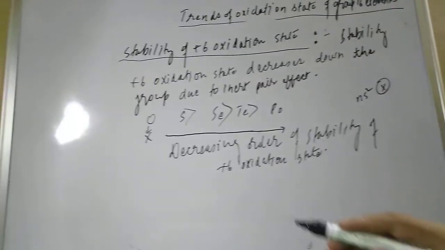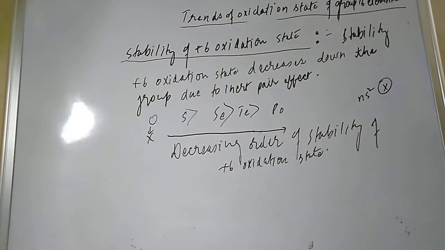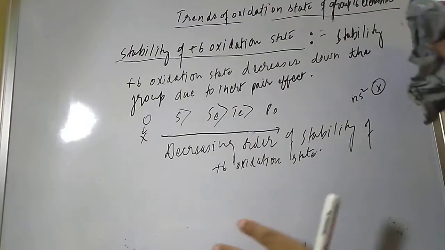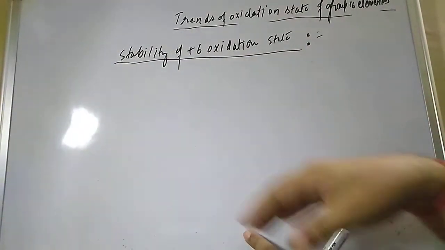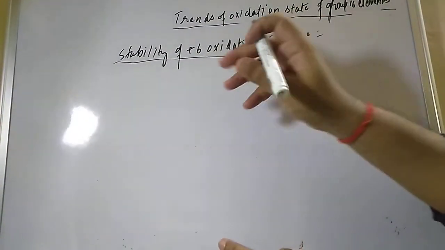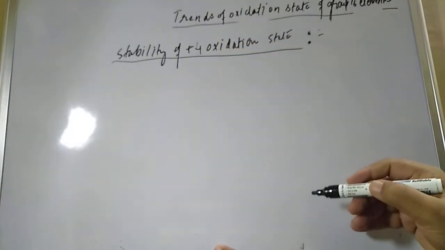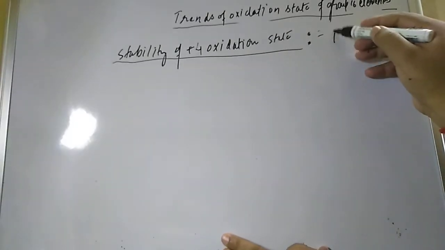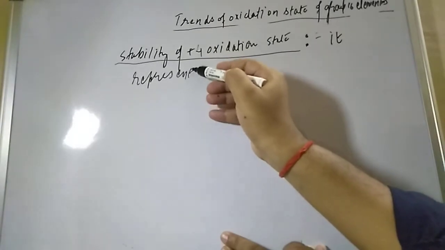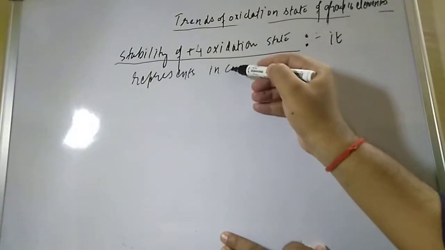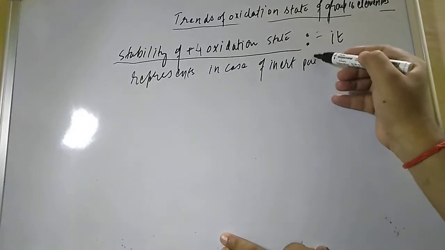Now friend, the next oxidation state is plus 4. So let us study the stability of plus 4 oxidation state. It is interesting here, because it is represented in case of inert pair effect.